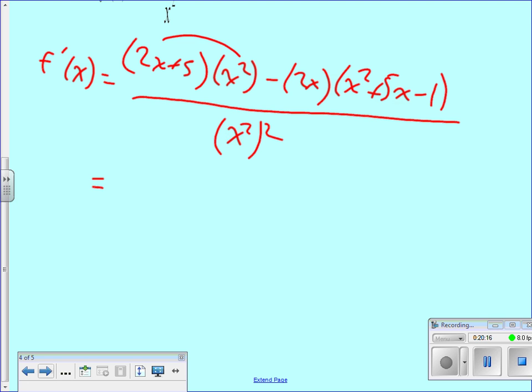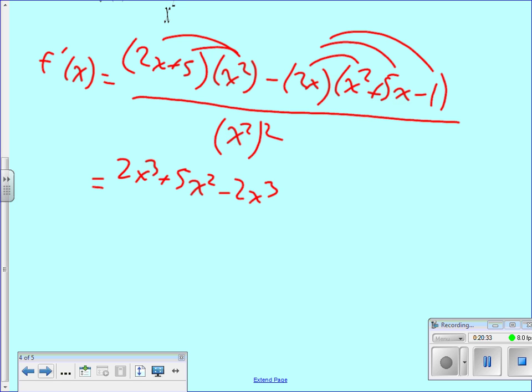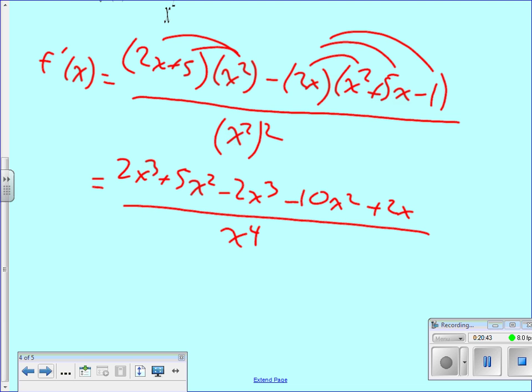Okay, distribute. So I get 2x cubed plus 5x squared, and then distribute a minus 2x. So I get minus 2x cubed, and then minus 10x squared plus 2x all over x to the fourth.